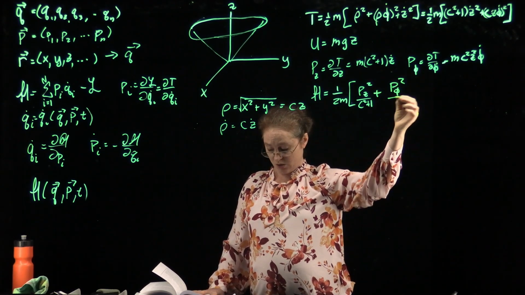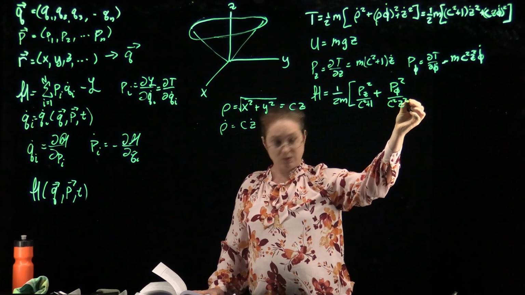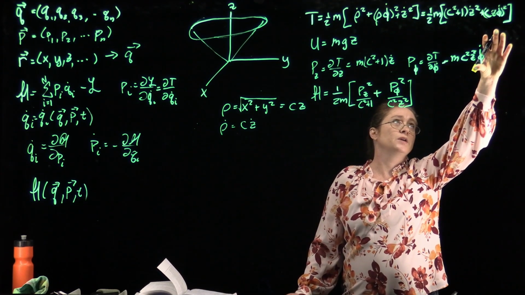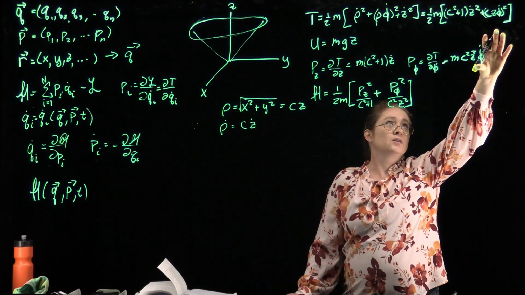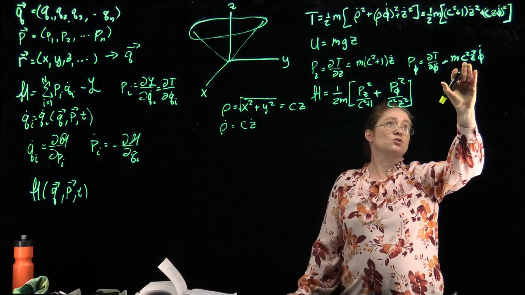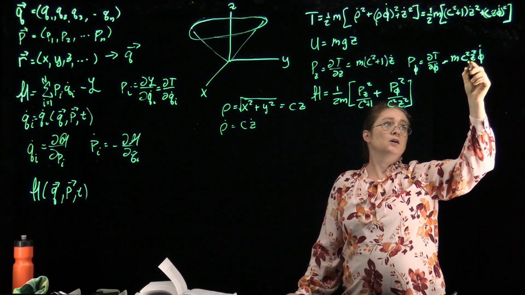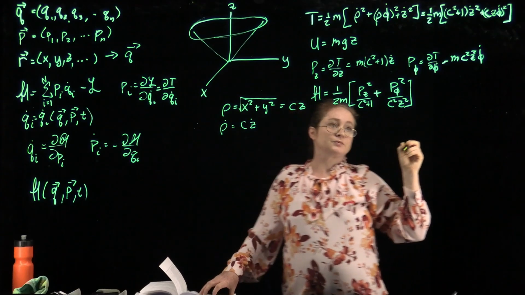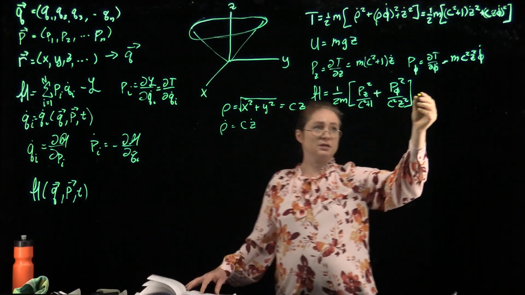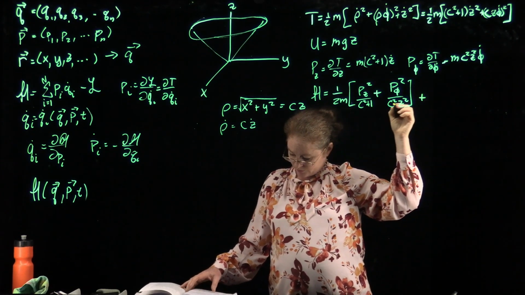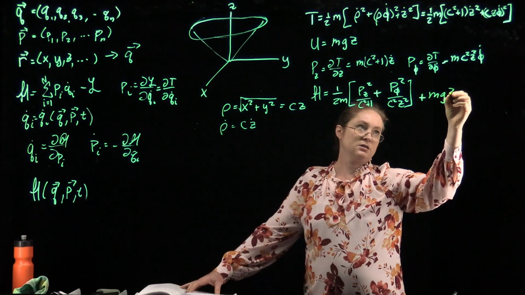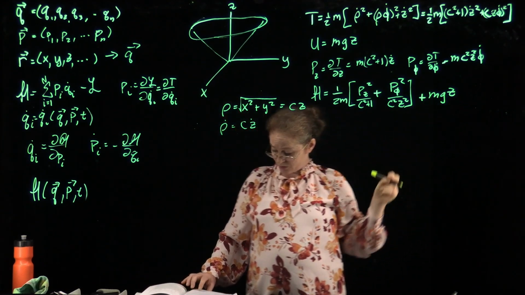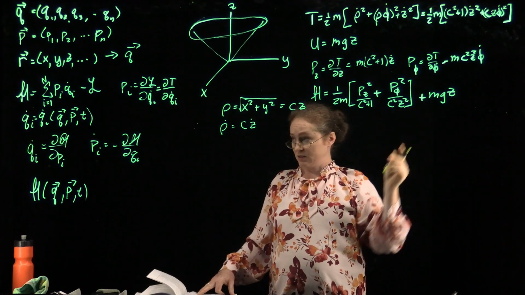P phi squared over c squared z squared. And that's from here. This one's a little bit hairier. The 2m is out in front. When I square this term, I am left with a c squared, z squared on the bottom. And then my potential is simply mgz. And that's my Hamiltonian in terms of the generalized momenta and the z.